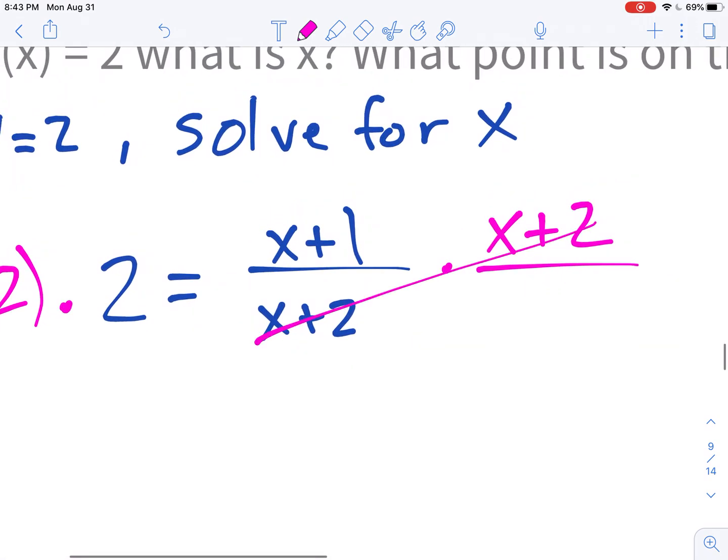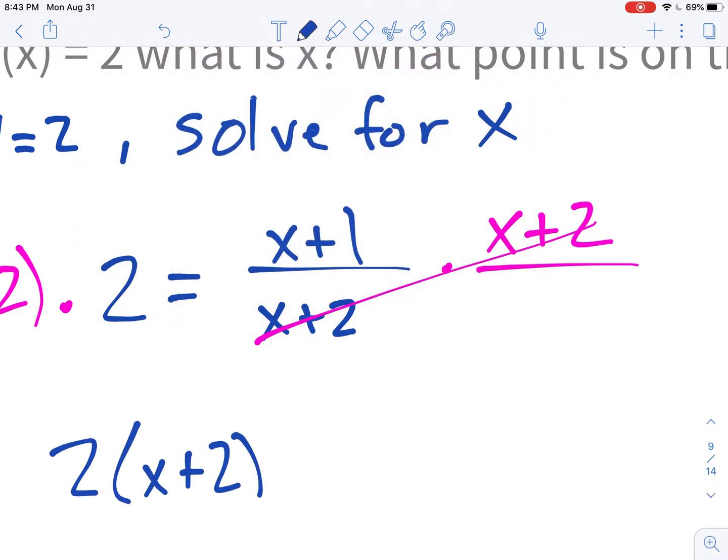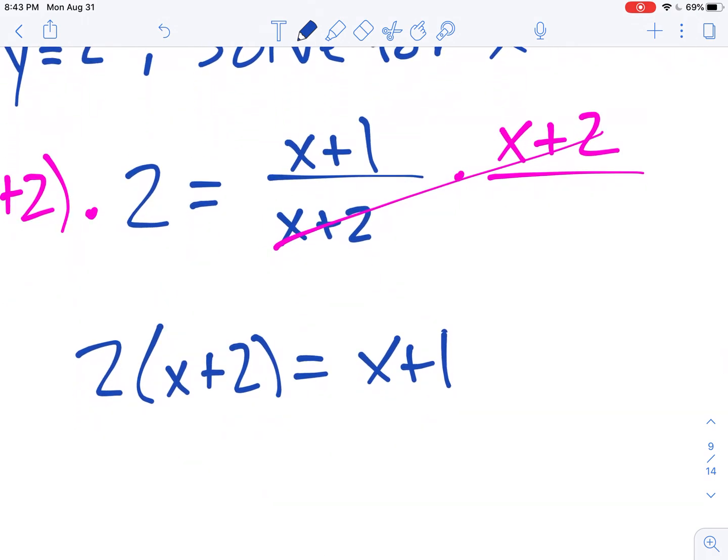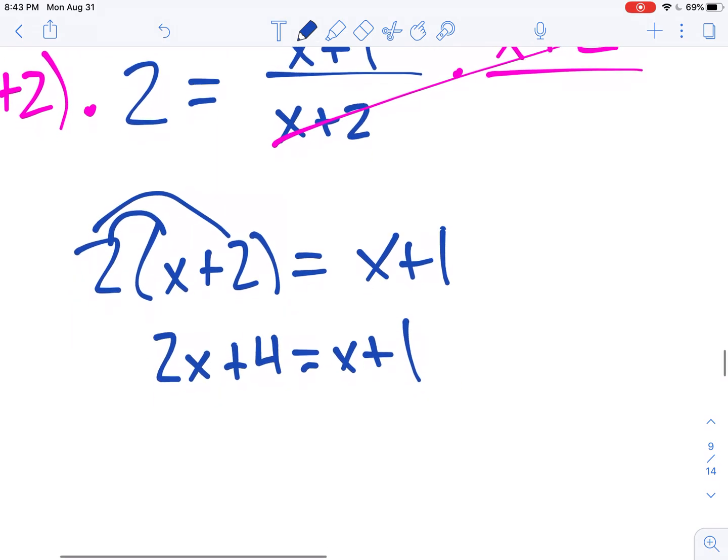Those are going to cross out. And I will get 2 times (x plus 2) is equal to x plus 1. Now, I see that I've got some x's here. The only real thing that's going to help me solve for the x's is to distribute that, because I could divide by 2, but then it's going to give me random x's in random spots. I'm going to end up with 2x plus 4 is equal to x plus 1. And now I'll solve.